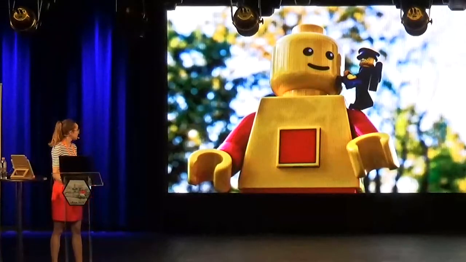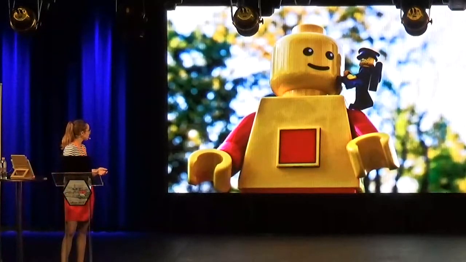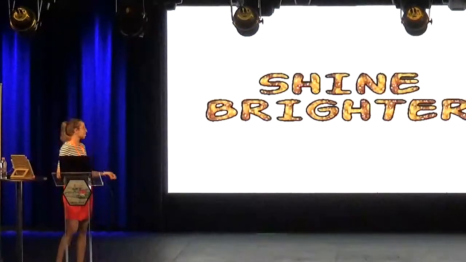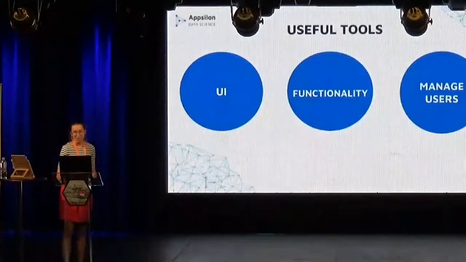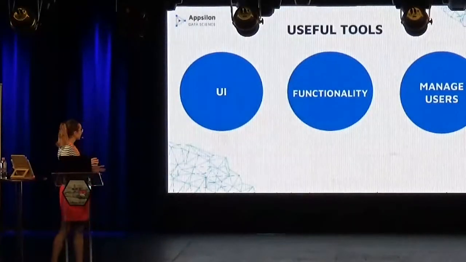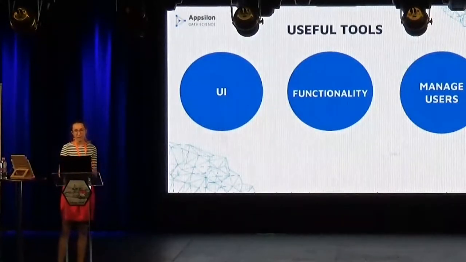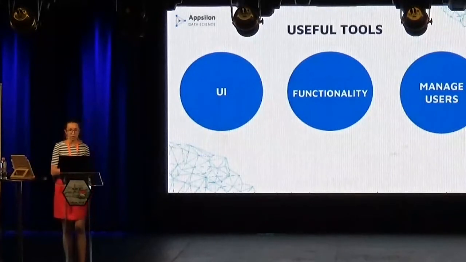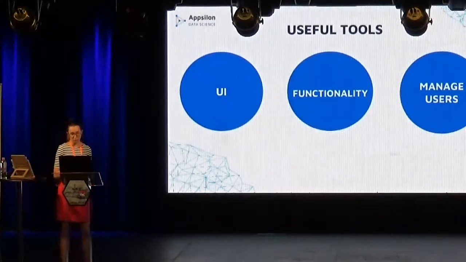Since we do a lot of work around Shiny, we mainly open source Shiny packages, hoping to make Shiny shine brighter. Today I'm going to cover 3 aspects: packages that help you build a nicer UI, improve the functionality, and manage users.